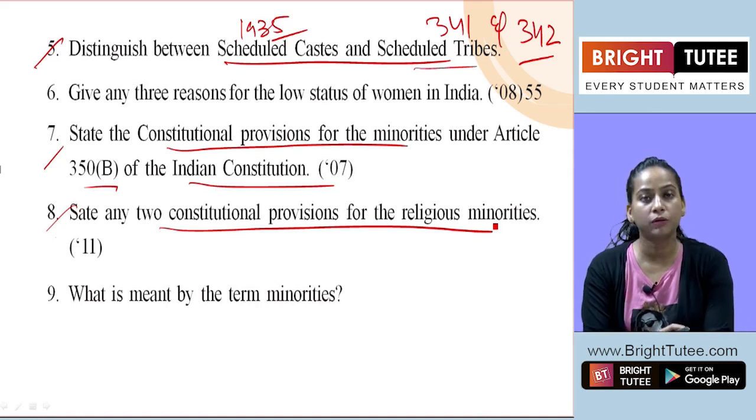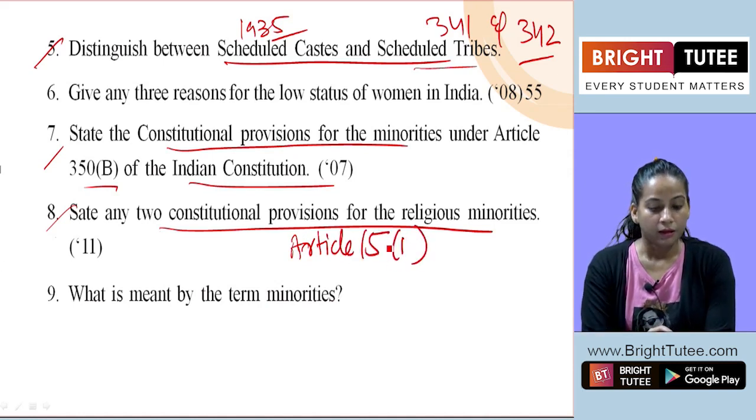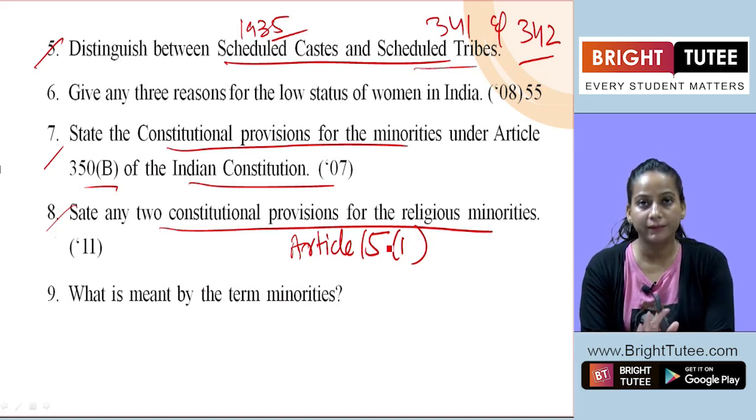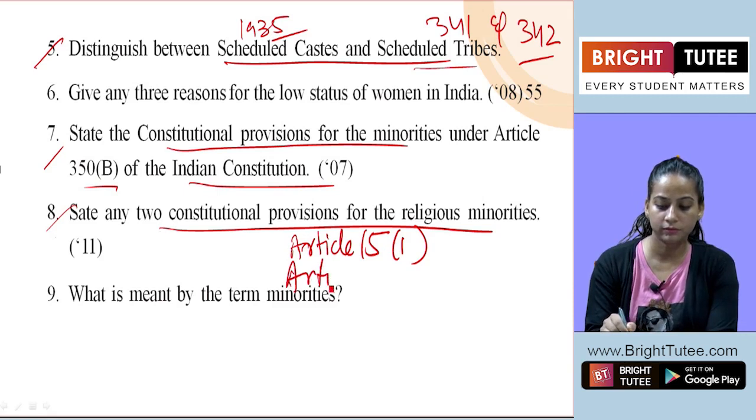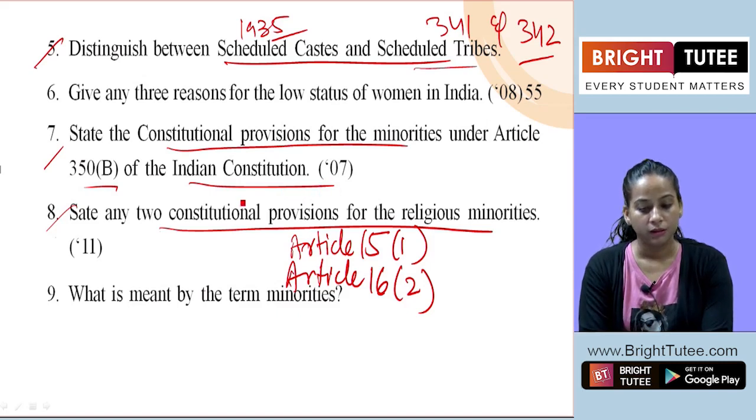So here we can mention about Article 15(1), according to which there should not be any sort of discrimination on the basis of their religion, caste, race, etc. And according to Article 16(2), we have to mention here, there should be equality of opportunity in matters of public employment, and no citizen on the ground of their caste, religion, etc. can be ineligible for getting any employment or office under the state.